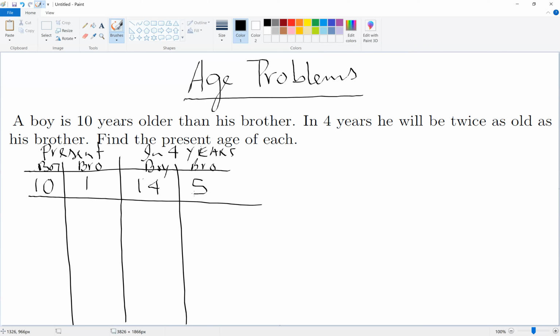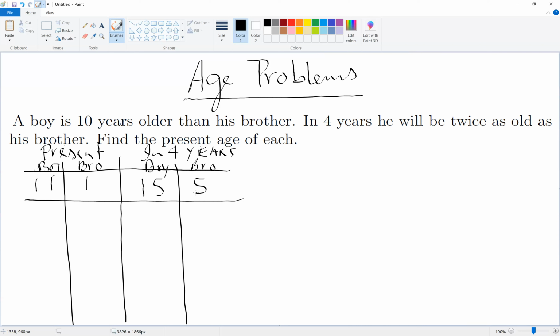Sorry, in 4 years. So 4, yeah, 5. Everybody with me? This number is wrong. Should be 11. And this is 4 years, so 15 and 5. Everybody with me?